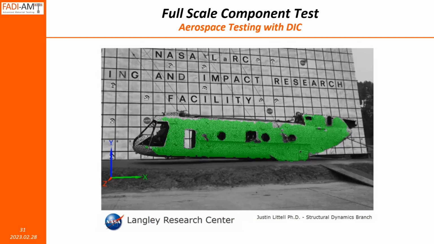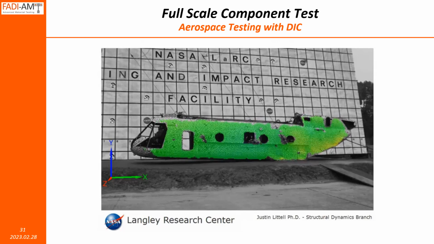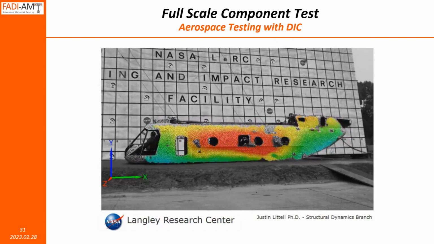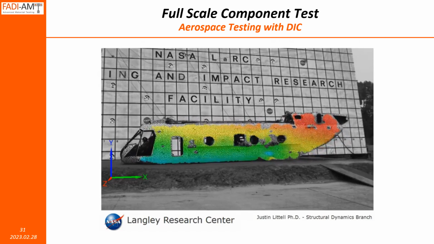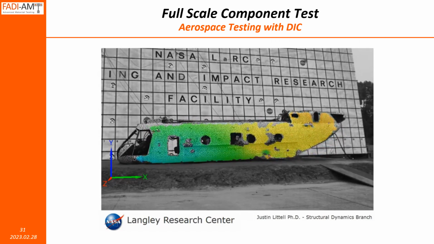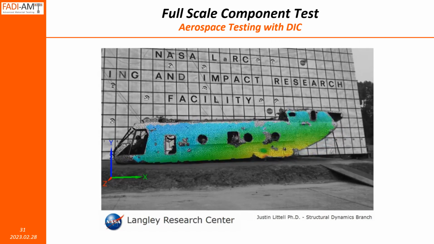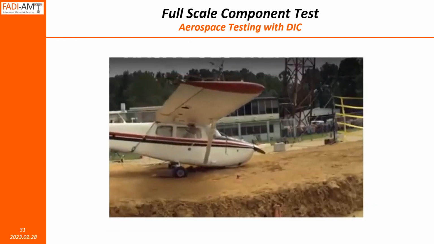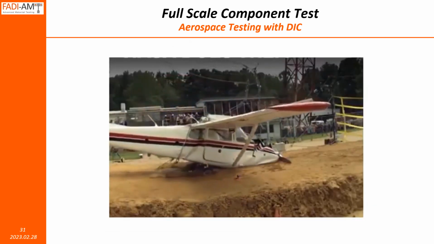What NASA wanted to see was the deformation on the fuselage of a space shuttle when it crash lands on another planet or the space station or wherever. I'll run the video which shows the space shuttle landing, and by the way, this is a very high speed test and the DIC video was slowed down to show the deformation.